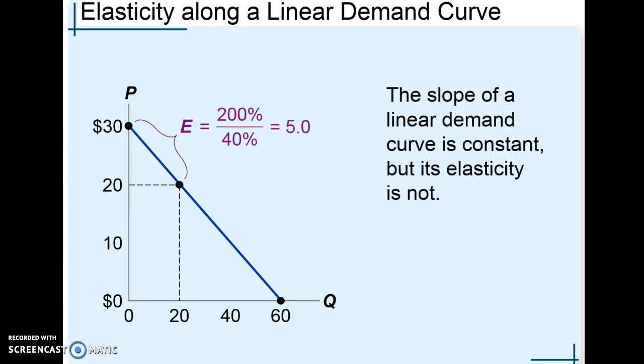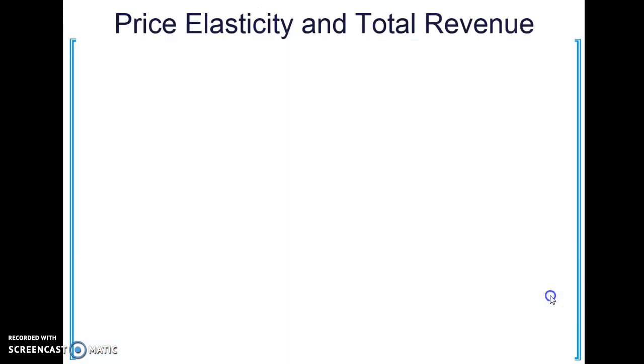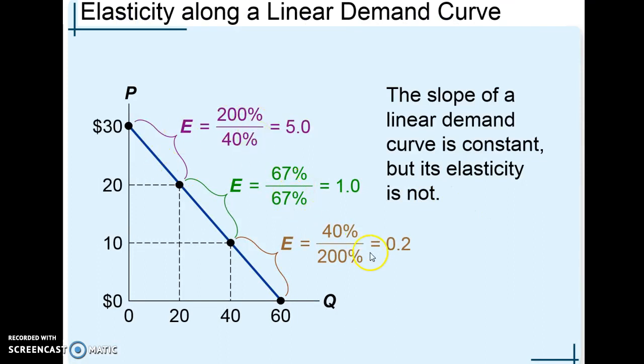If we look at elasticity along the straight line of the demand curve, the slope of a linear demand curve is constant. So if you were to calculate the slope up here or down here, the slope is going to be the same. However, elasticity along that line is not the same.